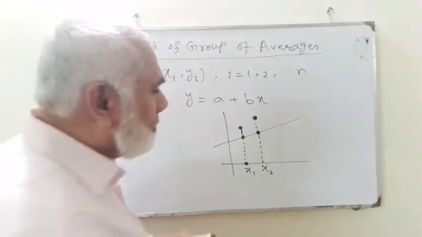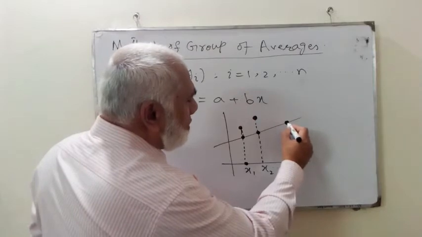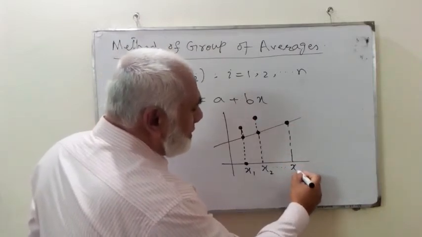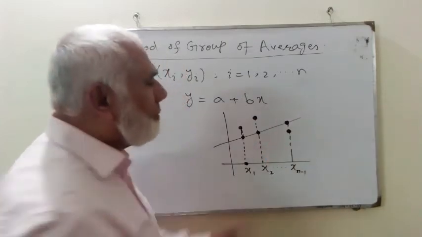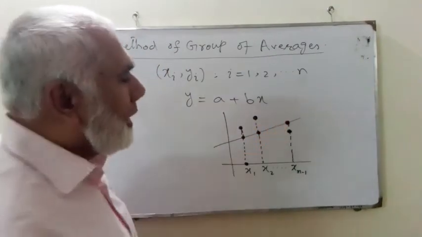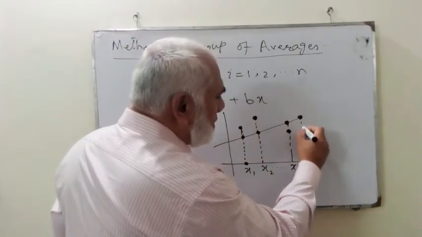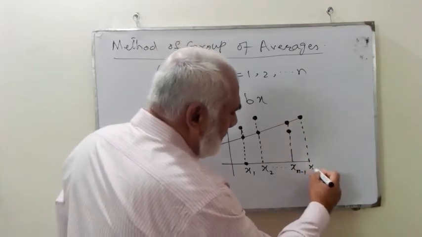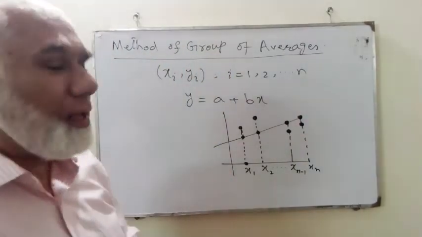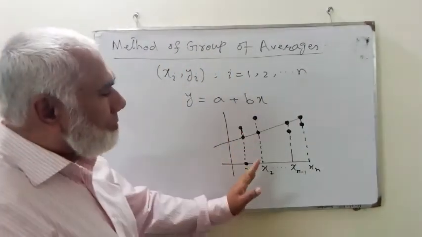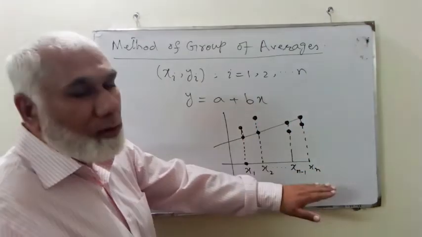If we keep placing the different points, we see that corresponding to the second last point, xn minus 1, the observed value is slightly below the expected value, and again there is a slight difference between these. The last point will be somewhere here. So a few of the observed values are above the straight line, and a few are below the line.